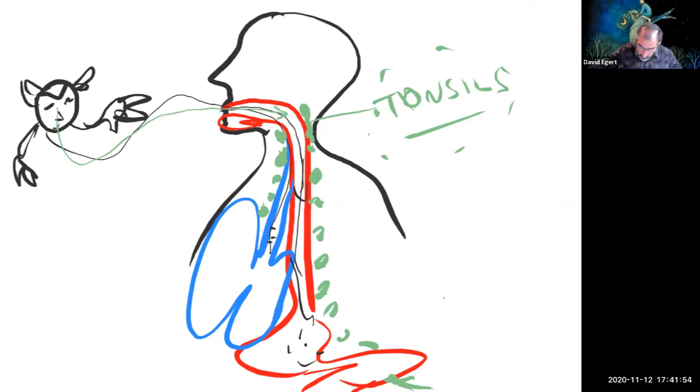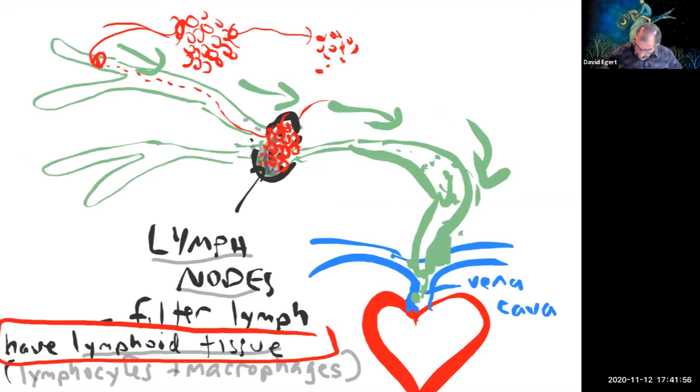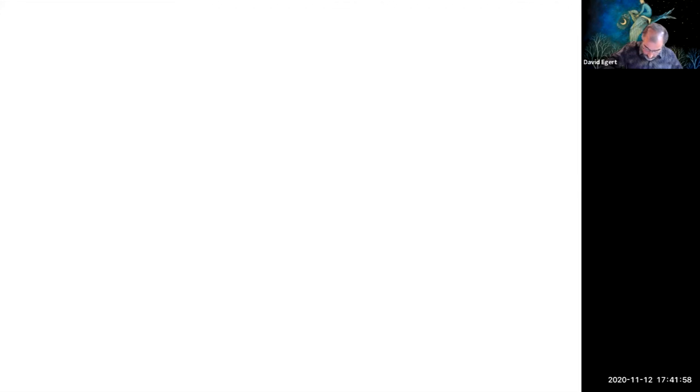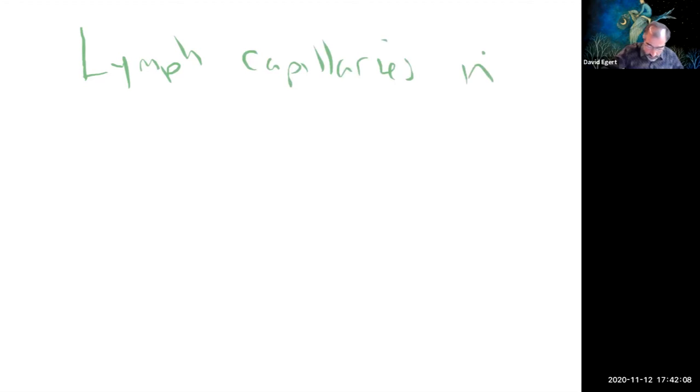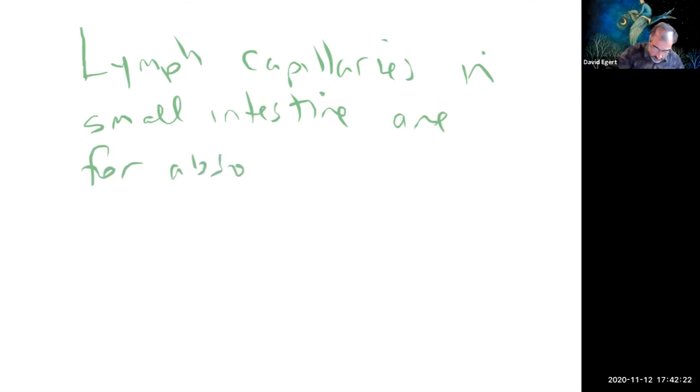Because lymphatic vessels, lymph capillaries in the small intestine are for absorbing lipids. They're called lacteals.